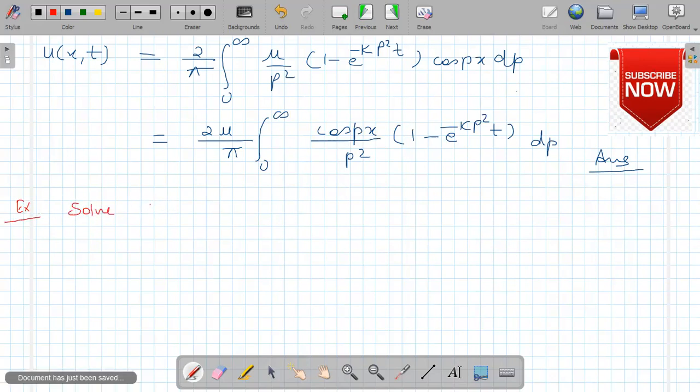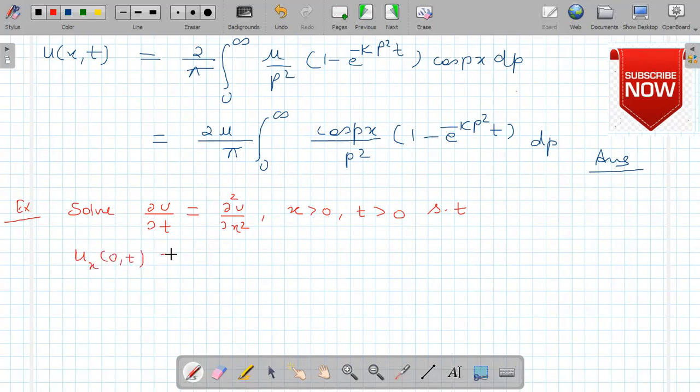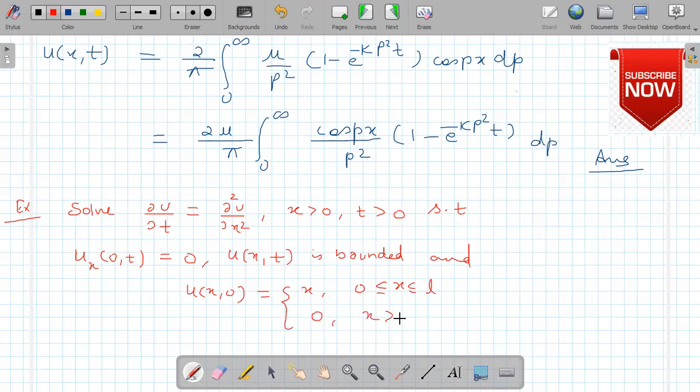Solve del u by del t is equal to del 2u over del x square, where x is greater than 0, t is greater than 0, such that we have u_x at 0 comma t is equal to 0, and u x comma t is bounded, and u x comma 0 is x for x lying between 0 to L, and 0 for x greater than L.